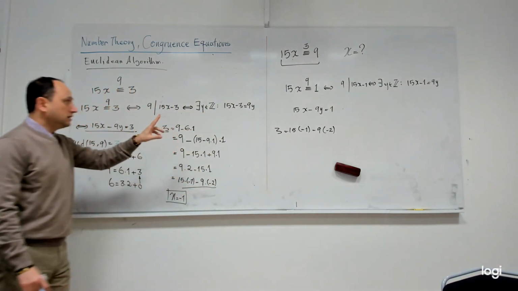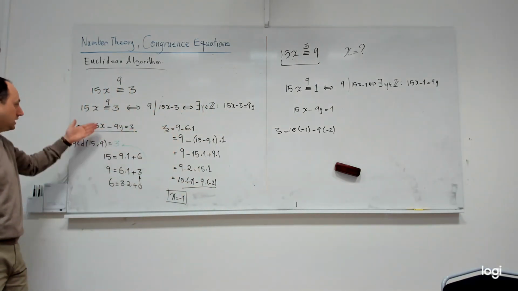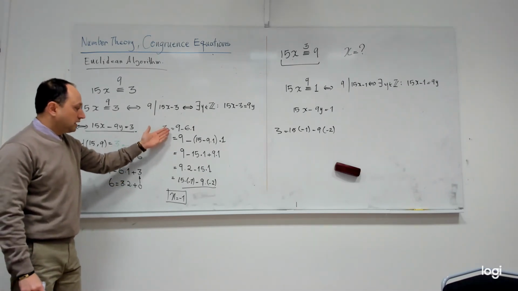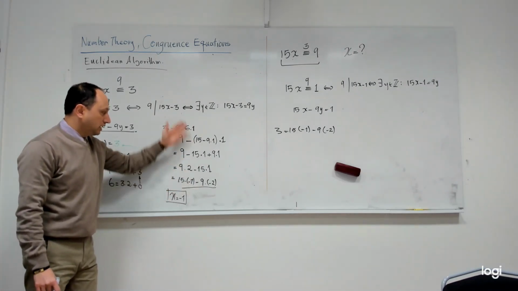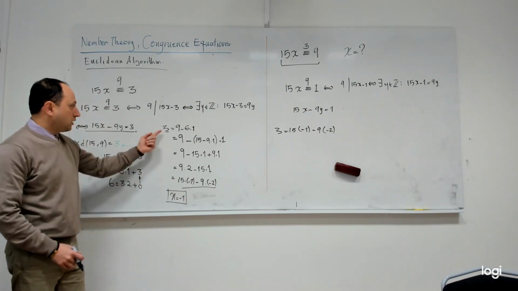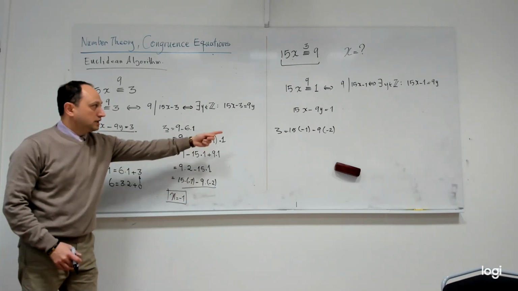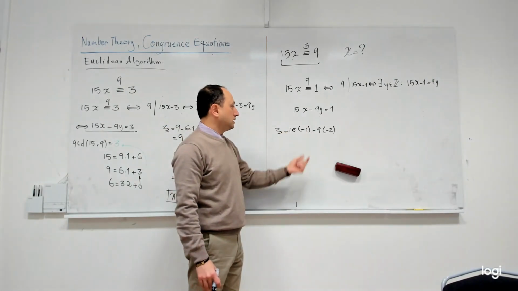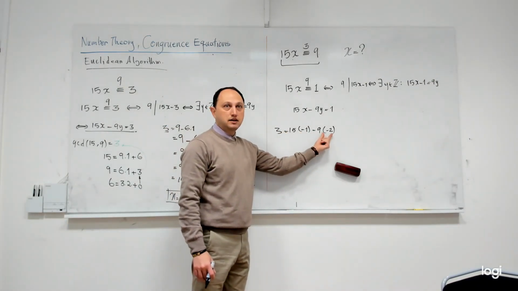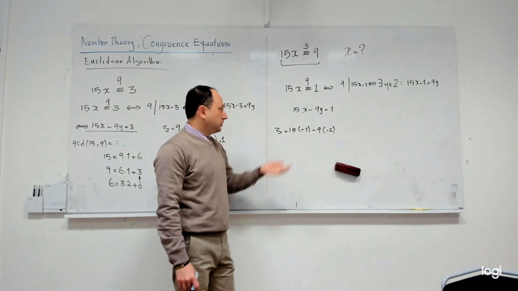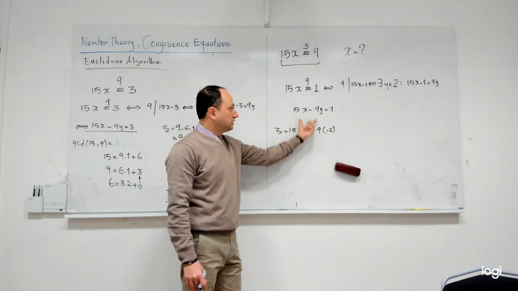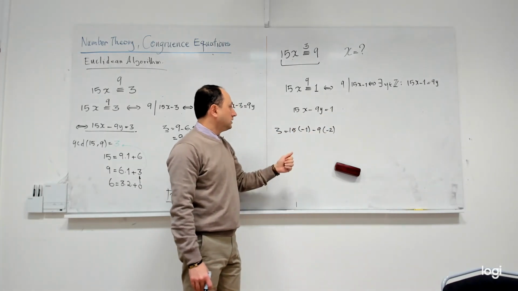But finding the greatest common divisor between 15 and 9 is the same process, and writing the greatest common divisor as a combination of 15 and 9 is the same process. So I will get 3 is equal to this combination. But I want to compare this equation with that equation in order to be able to guess these two numbers. Okay? But that is not exactly what I want. I have the nice combination here, but instead of 1, I have 3.